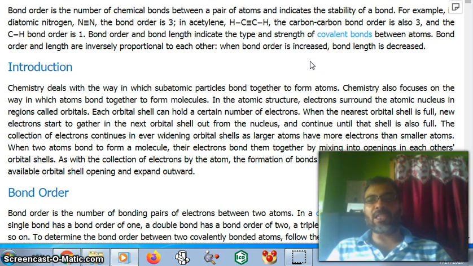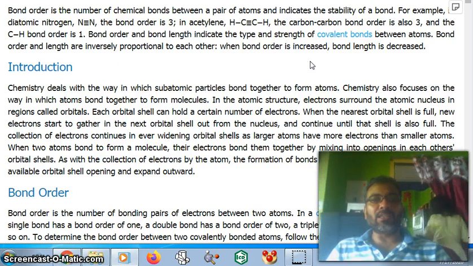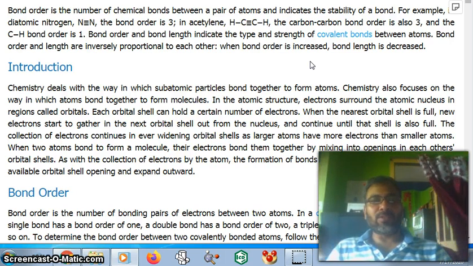When the nearest orbital shell is full, new electrons start to gather in the next orbital shell from the nucleus and continue until that shell is also full. The collection of electrons continues in ever widening orbital shells, as larger atoms have more electrons than smaller atoms.